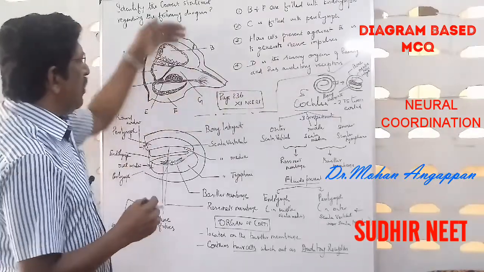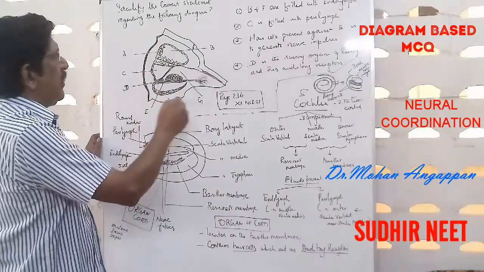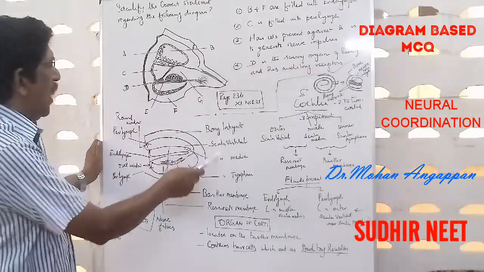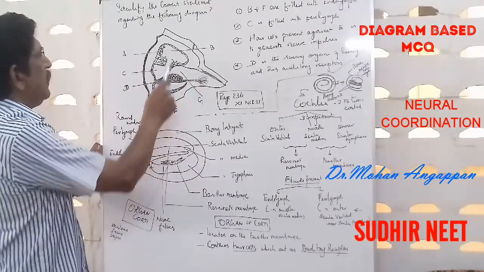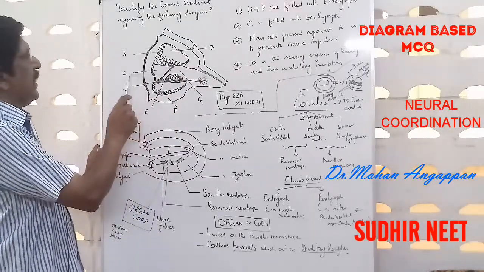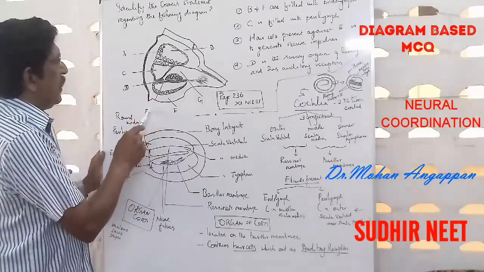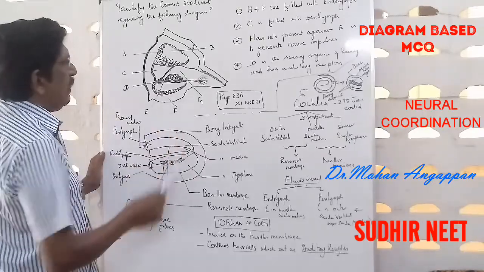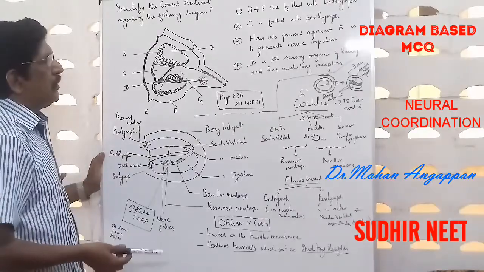So I have explained the cochlea, the sectional view of the cochlea. So now you can identify each part. What is A? A is the outer scala vestibuli, B is the perilymph, C is the endolymph, E is the basilar membrane, F is the bony labyrinth, and G is the cochlear canal.